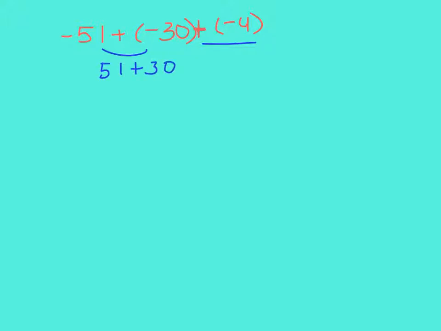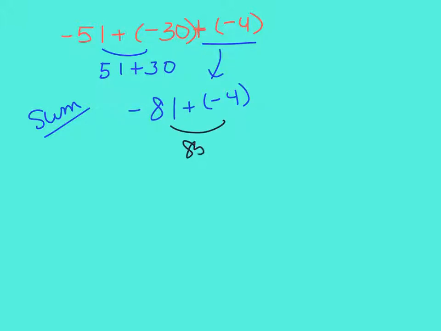So 50 plus 30 is 80, plus one more is 81, but they are both negative, so it's negative 81, plus negative 4. Signs are still the same, still finding the sum. So I've got negative 81 plus negative 4. 81 plus 4, of course, is 85, and the answer is negative.